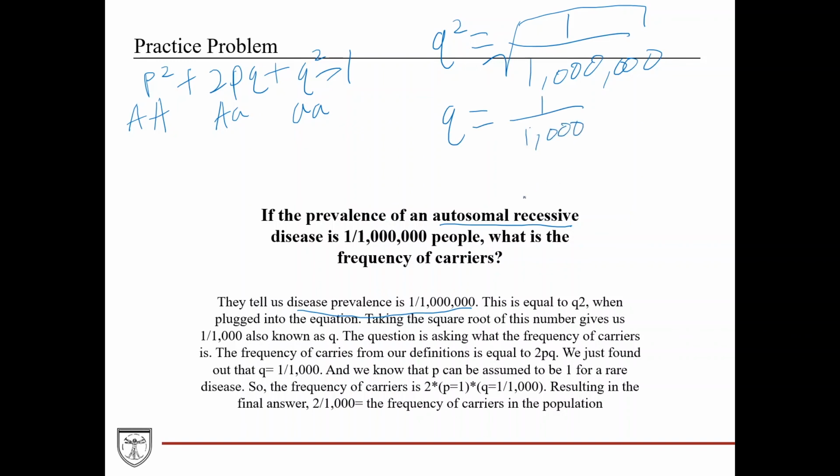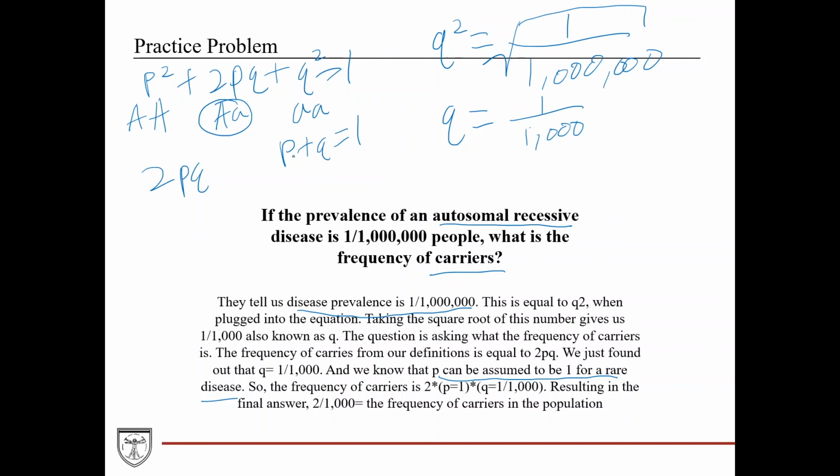Now, the question is asking for the frequency of carriers, which would be those that are heterozygous. So that would be what 2pq is equal to. We have to use this to figure out p. Remember, p plus q equals 1 for the allelic frequency. In this case, 1 over 1,000 is obviously very small, and if you subtract that from 1, it's going to be about 1. And as we said, p can be assumed to be 1 for very rare diseases, such as diseases that occur in about 1 in a million people.